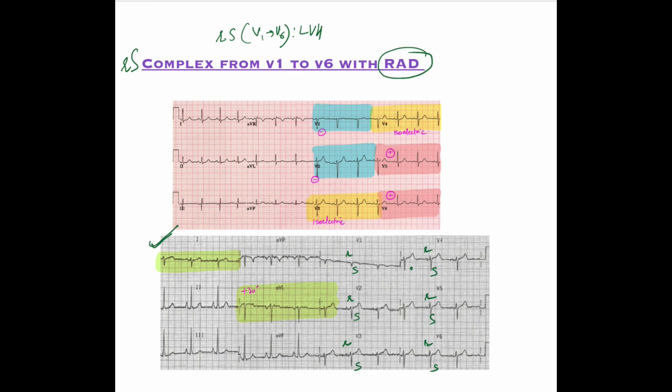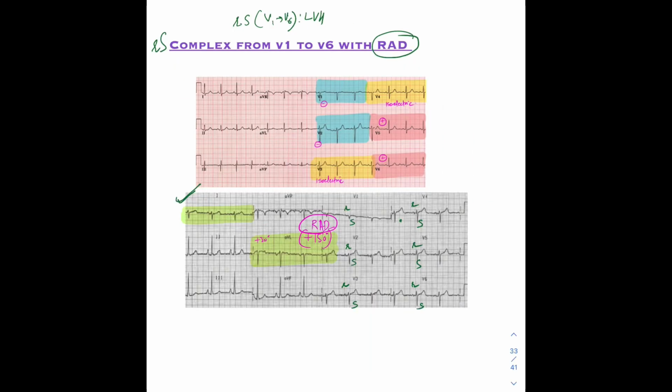But since the deflection is negative here, we will have to move towards the other side of the AVL lead, which will make the axis of the heart as plus 150 degrees, which is clearly a case of right axis deviation. Okay, so RS complexes from leads V1 to V6 plus a right axis deviation will constitute one of the criteria for diagnosing a patient as having RVH.